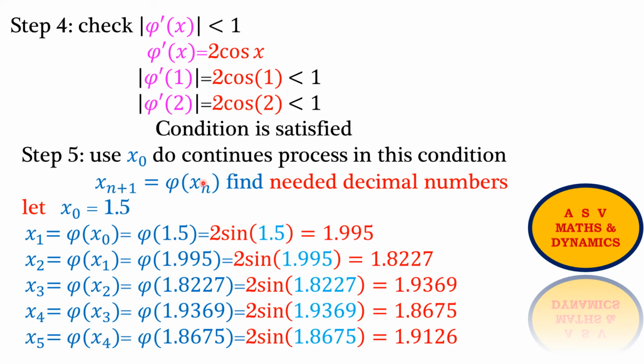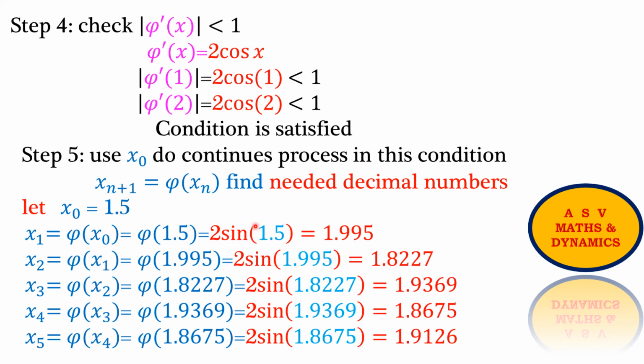So x naught is equal to 1.5, you apply it. What is x naught? 1.5. I have calculated and written it clearly. x1 is phi of x naught, phi of 1.5. Phi of 1.5 means instead of x you apply 1.5.